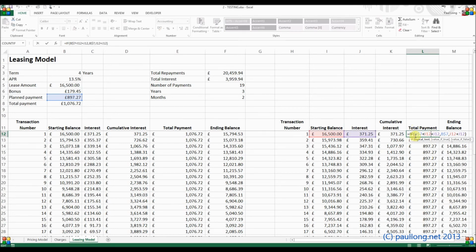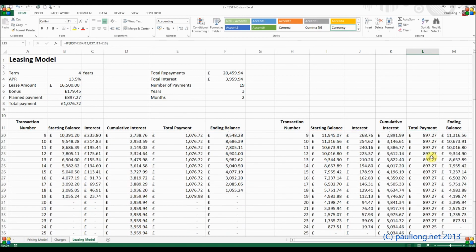We're saying if B$7, that's a planned payment, is less than what we need to pay, which is a starting balance added to the interest, then pay B$7. If not, it means it's either equal to or bigger than the starting balance plus the interest, and so it's going to be the last payment. So in that case, we only pay the starting balance plus the interest.